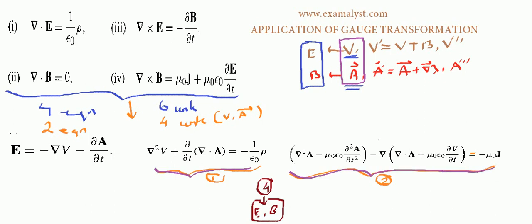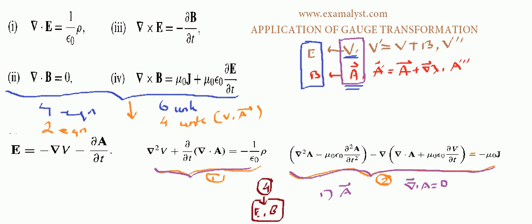There were many plans of how to use gauge transformation to reduce this equation. Coulomb suggested that we take such a magnetic vector A whose divergence is 0, so del dot A is 0. This is called Coulomb's gauge.